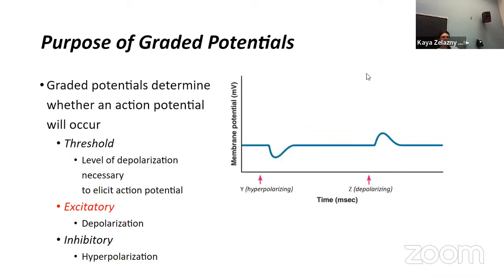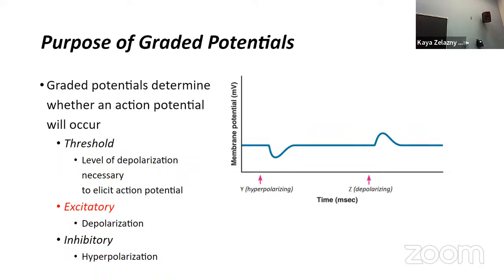All right. So the purpose of these graded potentials is to determine whether we're going to kick off an action potential, which is our big, long wave of membrane changes down the axon. So the threshold is the level of depolarization necessary to elicit an action potential, aka this is the number we need to get to in order to have the action potential happen.